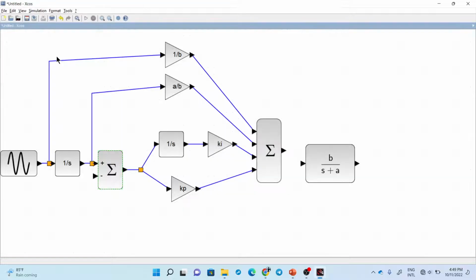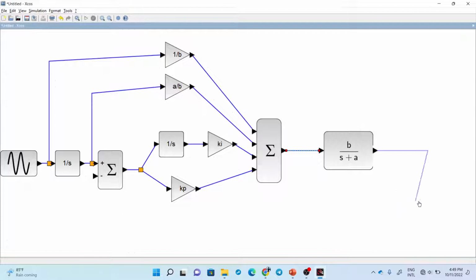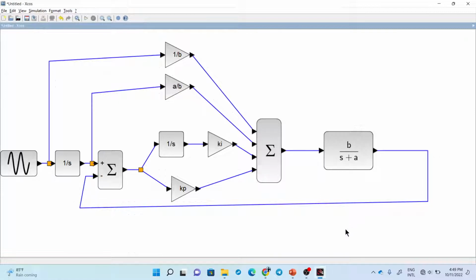Should be minus. So this one is input, this is output, and then I get feedback to compare with the desired. And then I need scope.